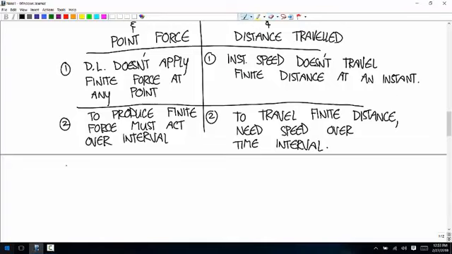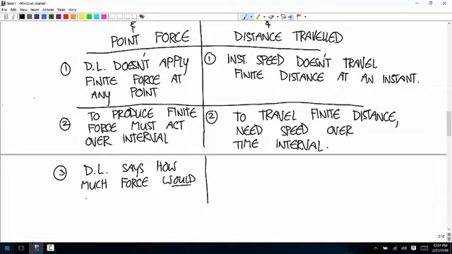And the third relationship is a distributed load says how much force would be applied if that uniform distributed load was spread out over a full meter.